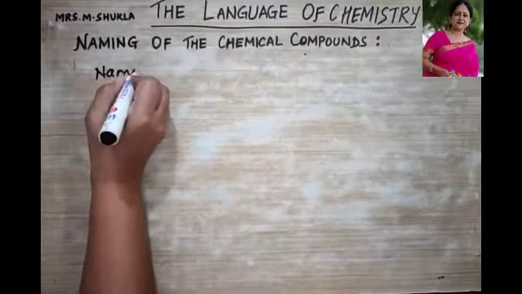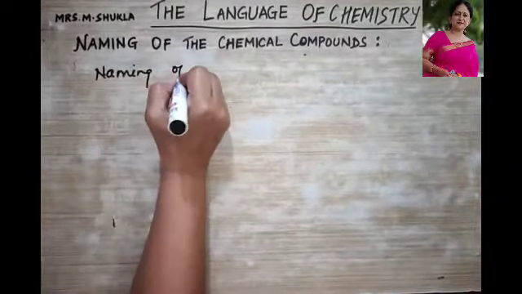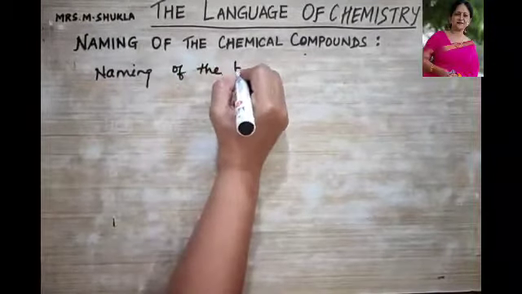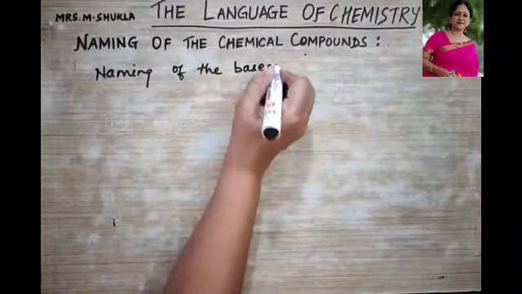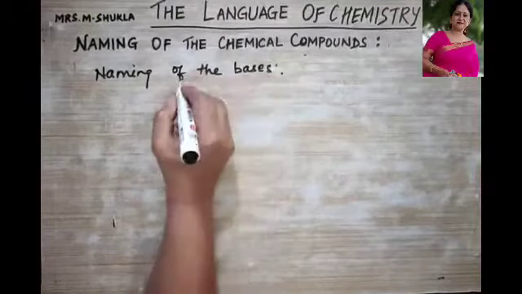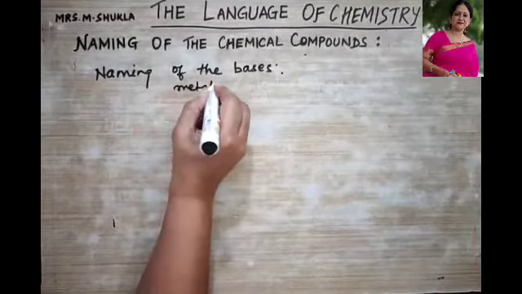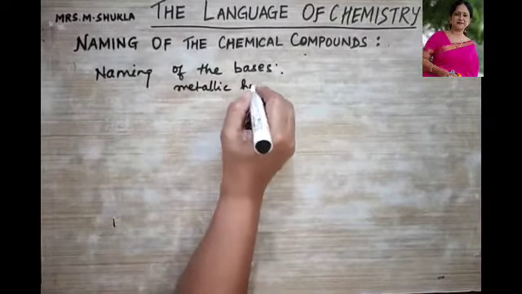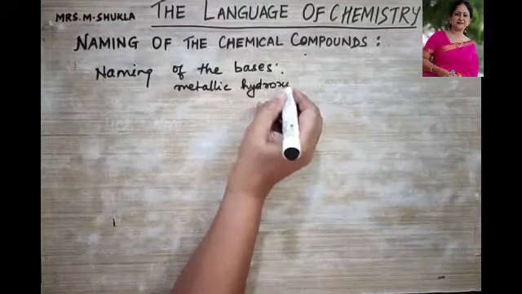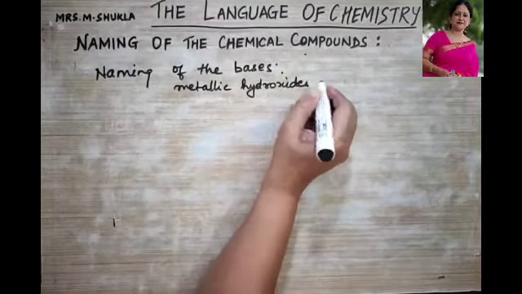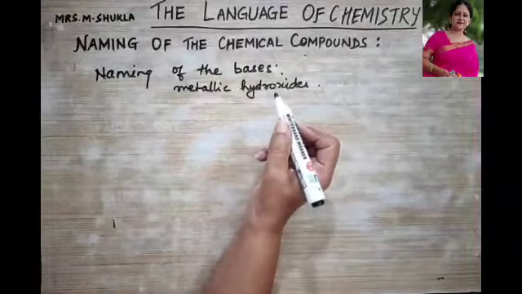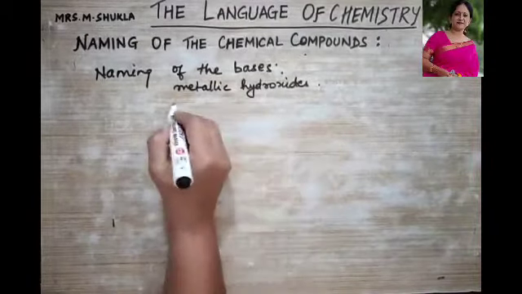Naming of the bases. Bases, what are they? They are metallic hydroxides. They are called hydroxides after the name of the metal.